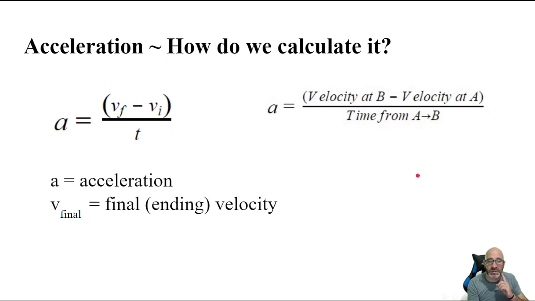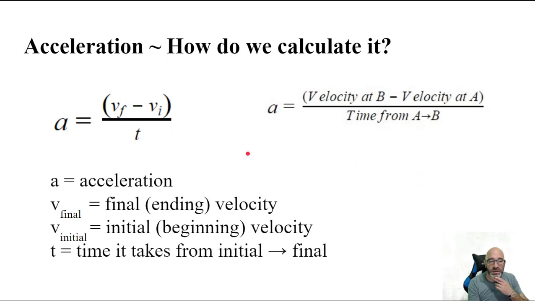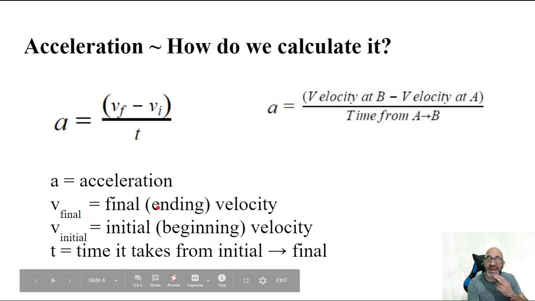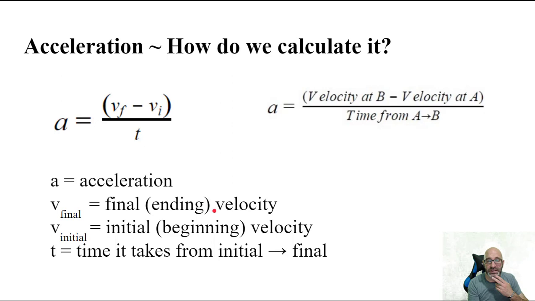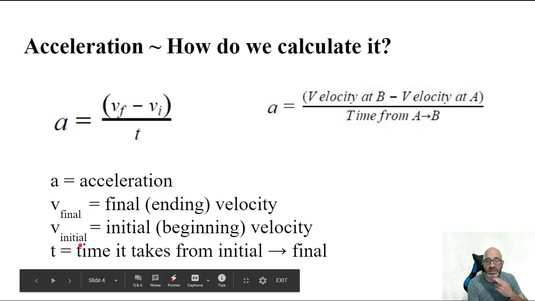So let's define some of these letters here. A stands for acceleration. VF stands for velocity final, or the ending velocity, minus VI, which stands for velocity initial. And this is the beginning velocity.